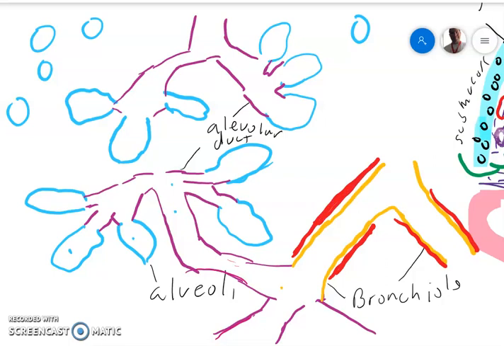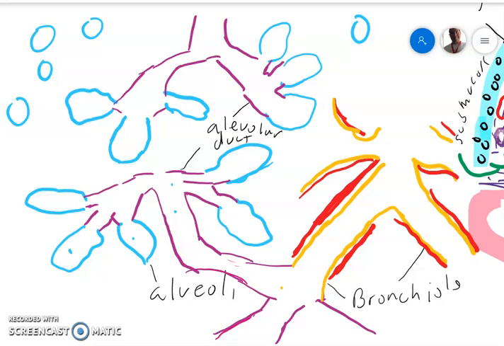Now the bronchioles, let's draw another one coming in here, just from outer space, I guess. So the bronchiole, and let's do another one coming in there. There's my other drawing. So the bronchioles have a muscular layer.